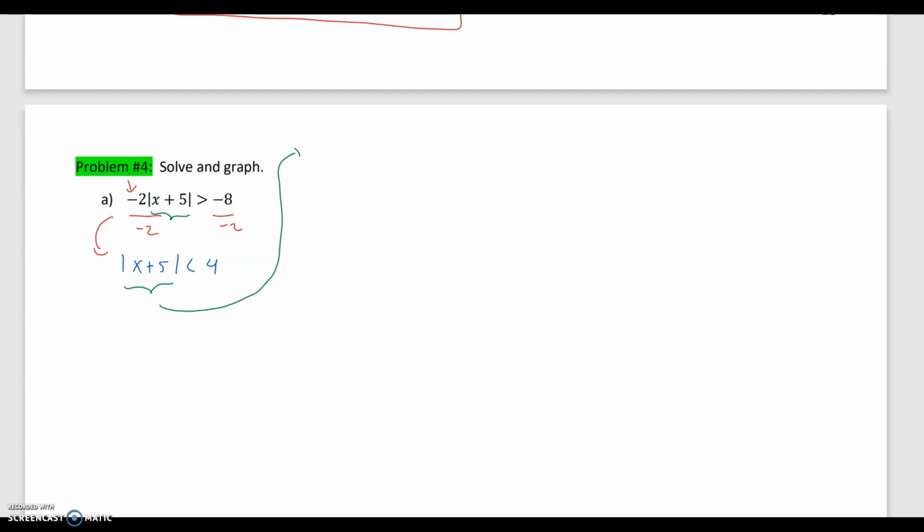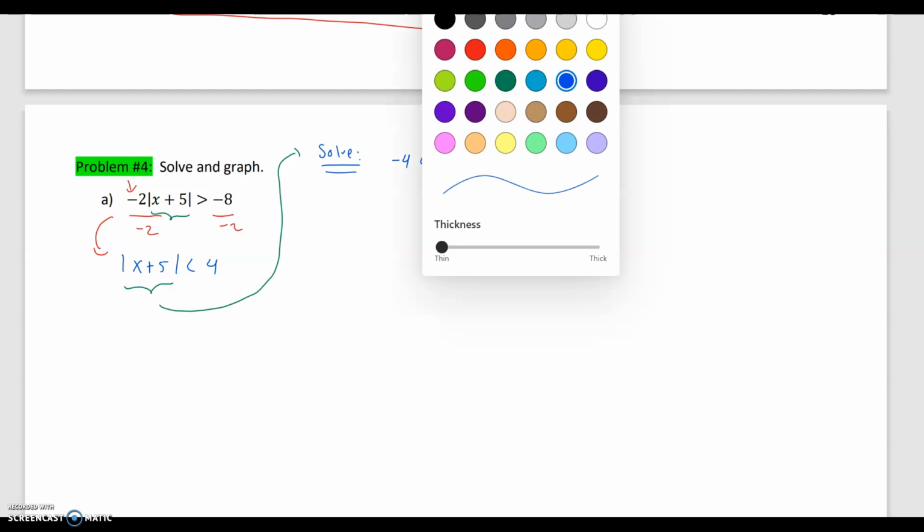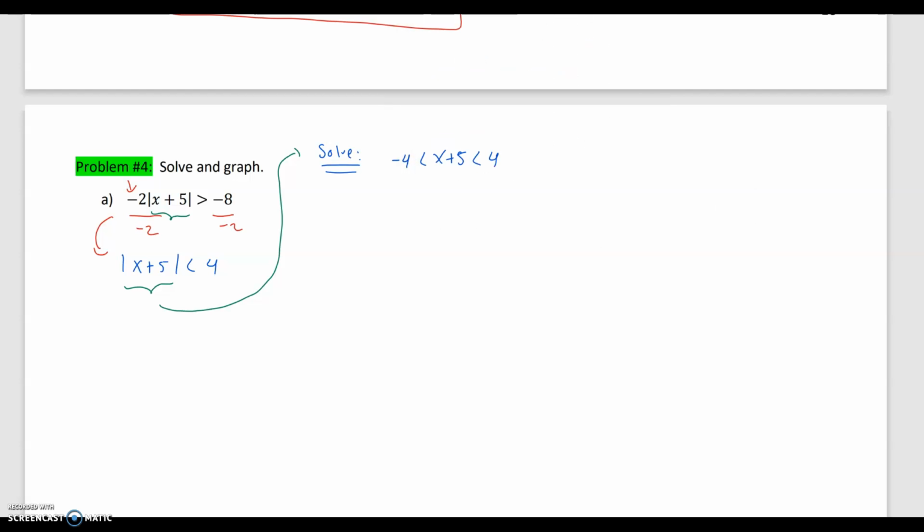The task is to solve and graph. So at this point, we're going to have to solve two inequalities. Actually, wait, because it's a less than, my bad, not two inequalities, just one: x plus 5 less than 4 and greater than -4. So it is two inequalities, but one statement that we're rewriting. You read it as x plus 5 is less than 4, and x plus 5 is greater than -4.